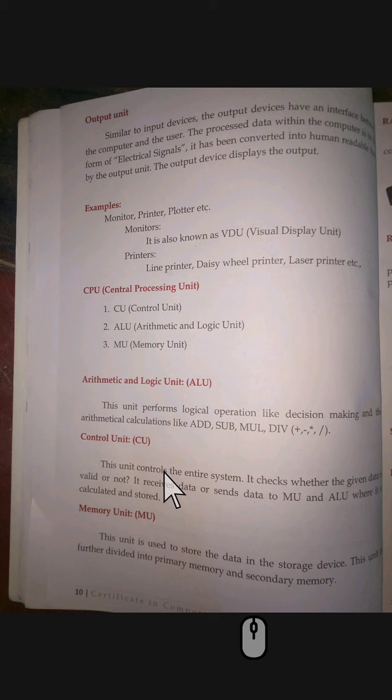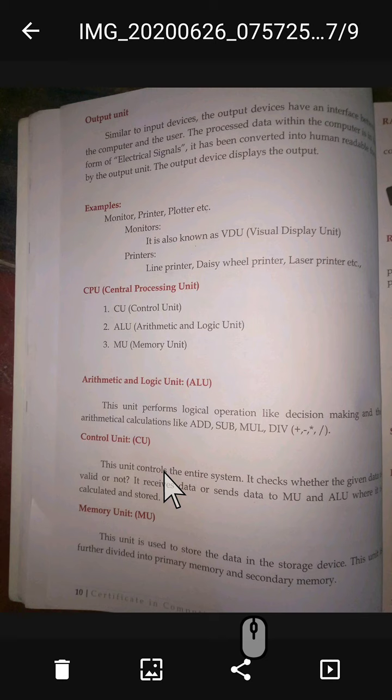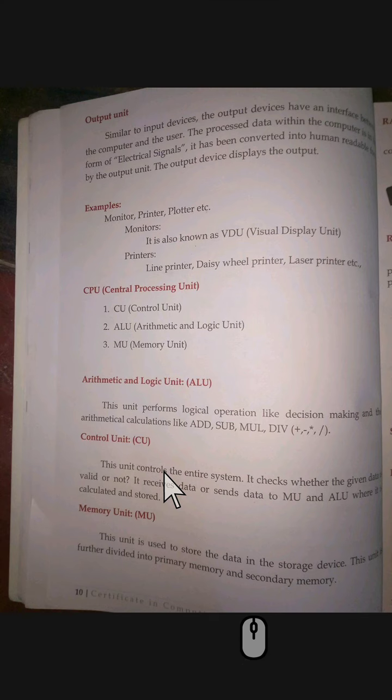Next one, memory unit. This unit is used to store the data in the storage devices. This unit is further divided into primary memory and secondary memory. The data will be stored in the computer by using the memory unit. Memory, you know what that is. For example, today I teach in the class, and after 2-3 months I will ask one question from this lesson.